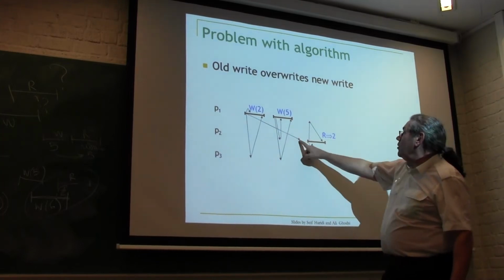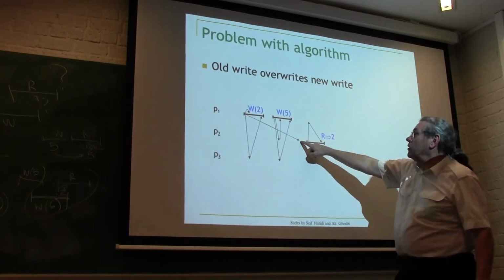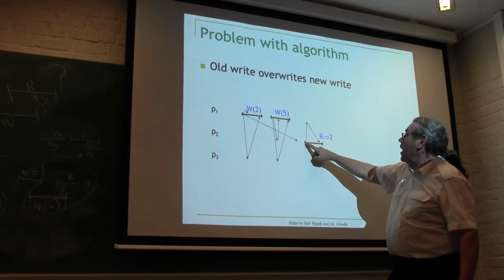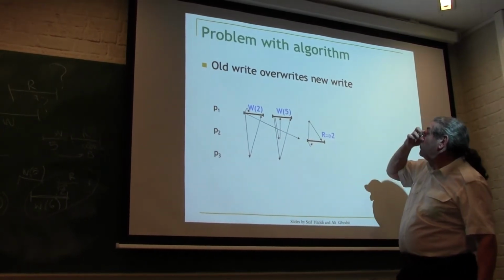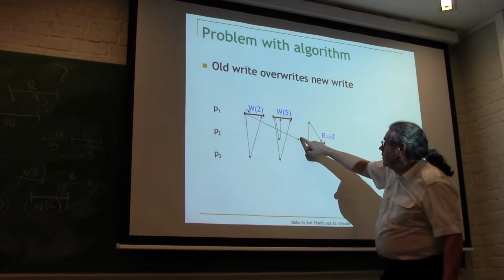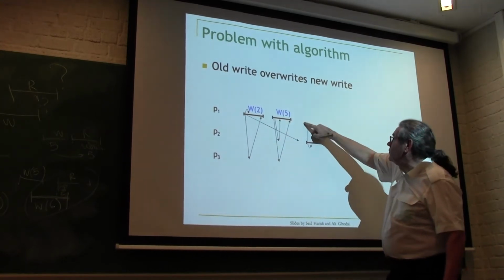But then here, I will send the write here, and it's a slow message. And the read, it's very weird. The read will return 2. And why will it return 2? Well, because notice that this one has a 2, but this one has a 2 also.